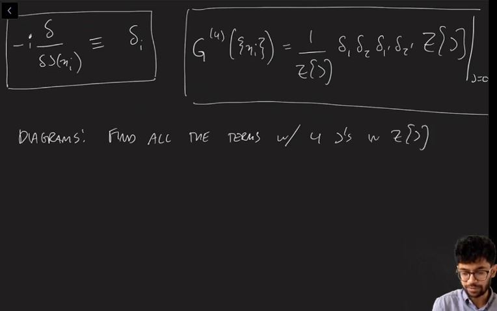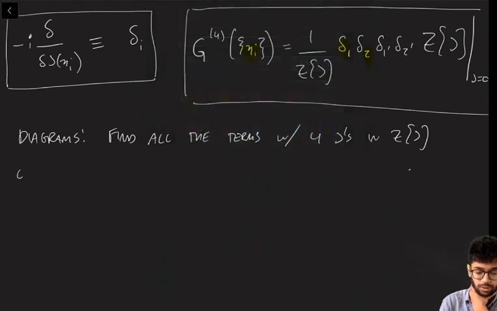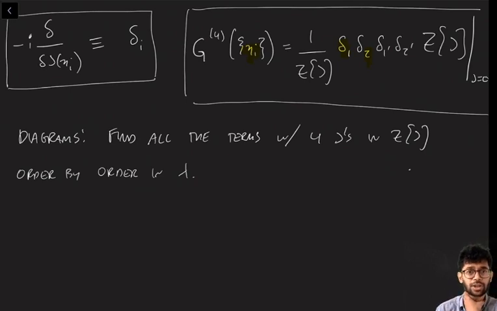And then each of these functional derivatives will ultimately associate one of the j's in there with one of the external legs, with one of the external points. Okay. So I'm going to do this now order by order in lambda, as usual. So let me start with the calculation at order lambda to the 0.